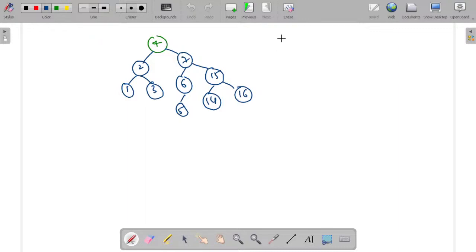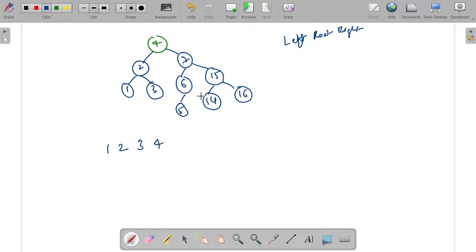So the in order traversal will work like this. First we have to take a left child and then go to the root node and then go to the right child. So the deepest left child here is 1. So I can take 1, and then the root node, which is 2, and then the right child, which is 3, and then using backtracking I can go back, which will be 4.